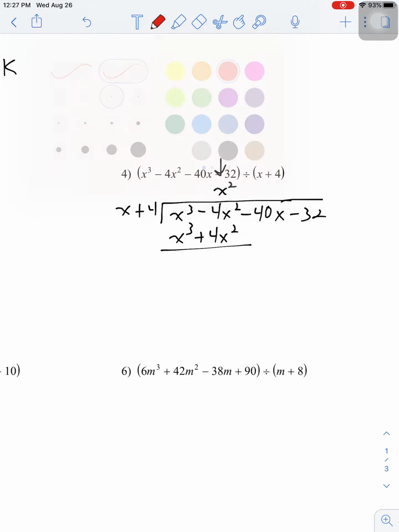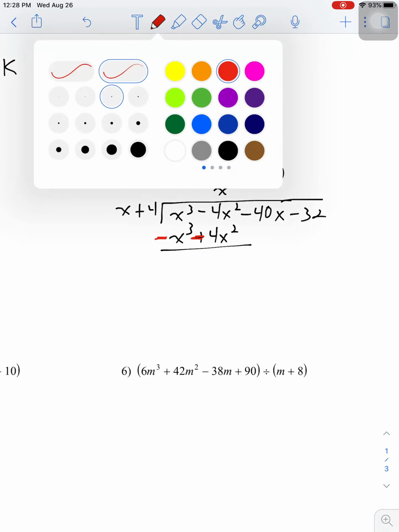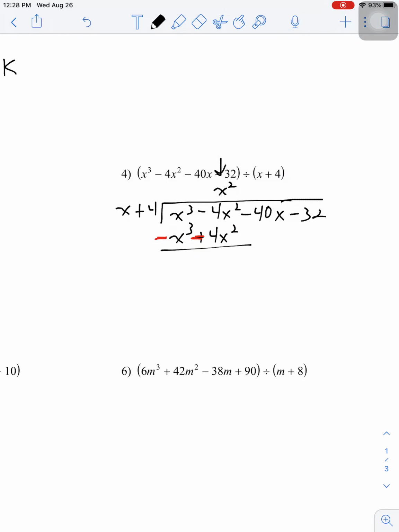And then when you subtract, remember it changes the signs on both. So that's going to be a minus, and it's also going to be a minus here. If you're doing it properly, your x cubes are going to drop. A negative 4x squared minus 4x squared is going to give you a negative 8x squared. And then we bring down the negative 40x.